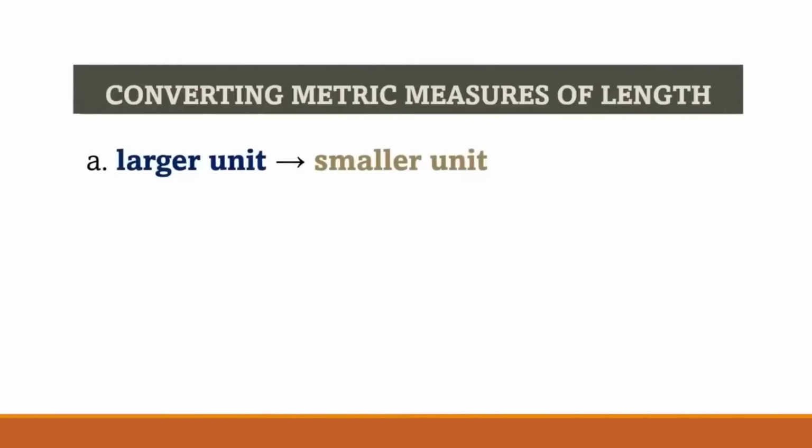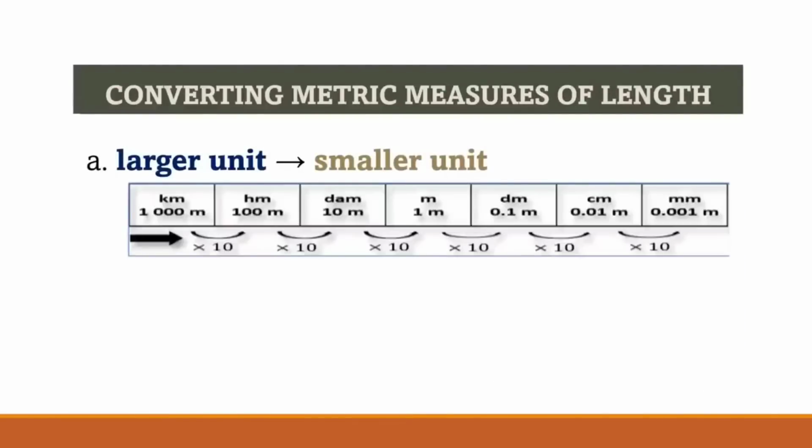So again, when we are converting from a larger unit to a smaller unit, let's say for example, we are going to convert kilometer into meter, we are going to multiply depending on the number of places that we have moved to the right. Okay, we'll have an example later.